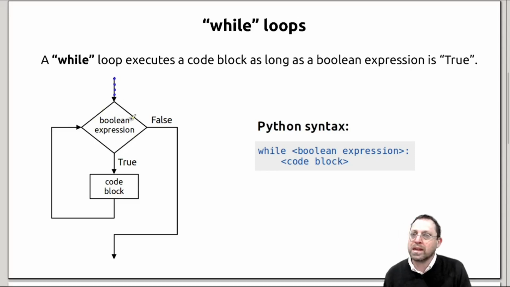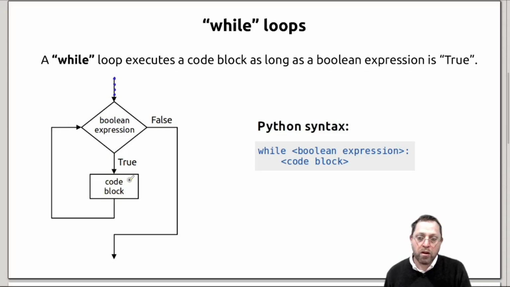So if that Boolean expression evaluates to false, then the interpreter will take this path. That is, it's going to skip the code block in that while loop. On the other hand, if the Boolean expression evaluates to true, then it's going to evaluate that code block.